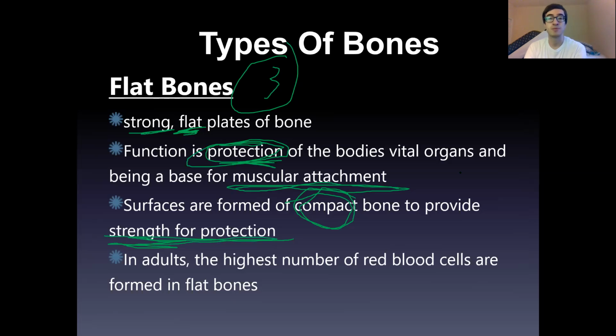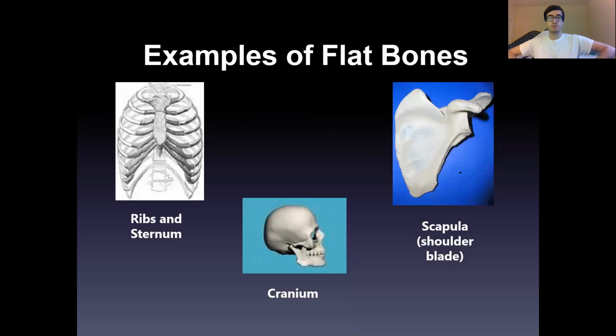So just like the name suggests, these bones are pretty flat. They include things like your ribs and your sternum right here. So lots of these little thin, flat ribs. And then your sternum is your breastbone right in the middle. Your cranium, where you have to have the most important protection of your brain, is a very dense flat bone.